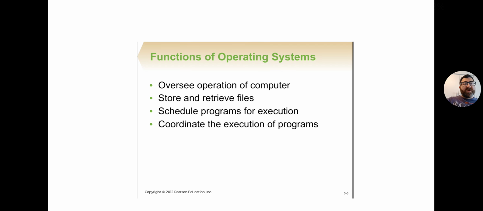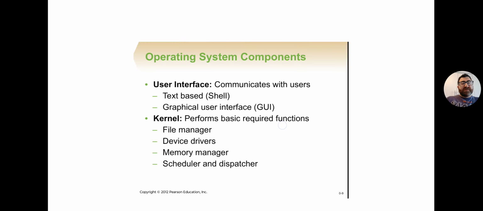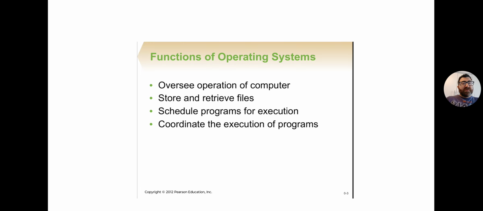Operating systems oversee operation of the computer. They store and retrieve files. They schedule programs for execution, and they coordinate the execution of programs. The way I like to think of an operating system is as a layer. I'm going to talk about this more, but let's go to the next slide.